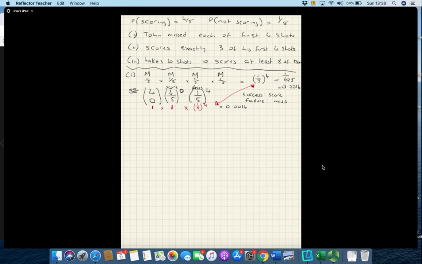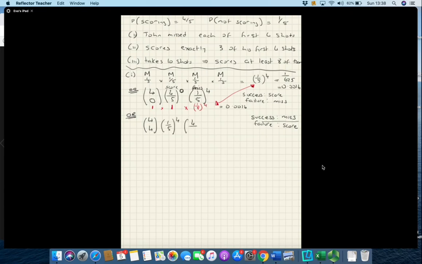Of course, the same thing would work if I took my success to be a miss and my failure to be a score. Your brain may think this way because the question asked you to miss all 4 shots. So if your success is a miss, then out of the 4 shots, you'd like to miss all 4. The probability of missing is a 5th, and you'd like to miss all 4.